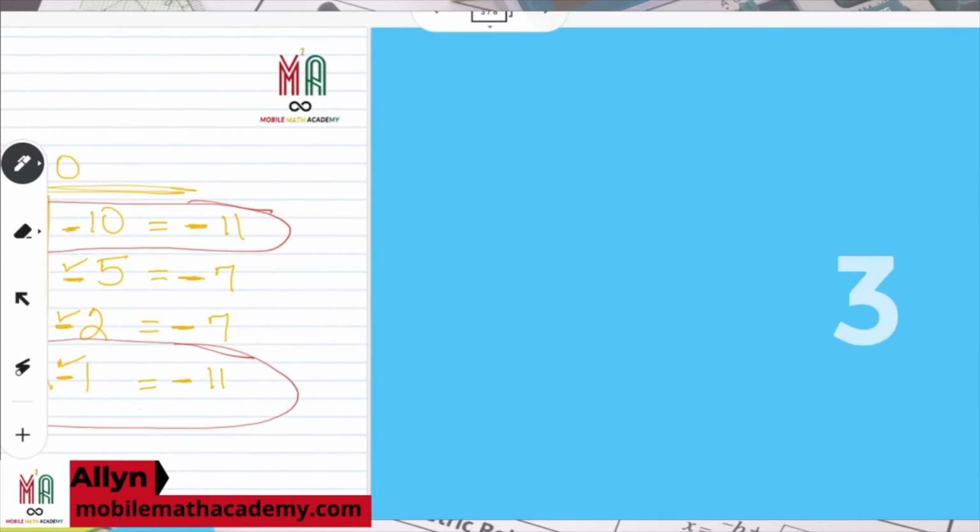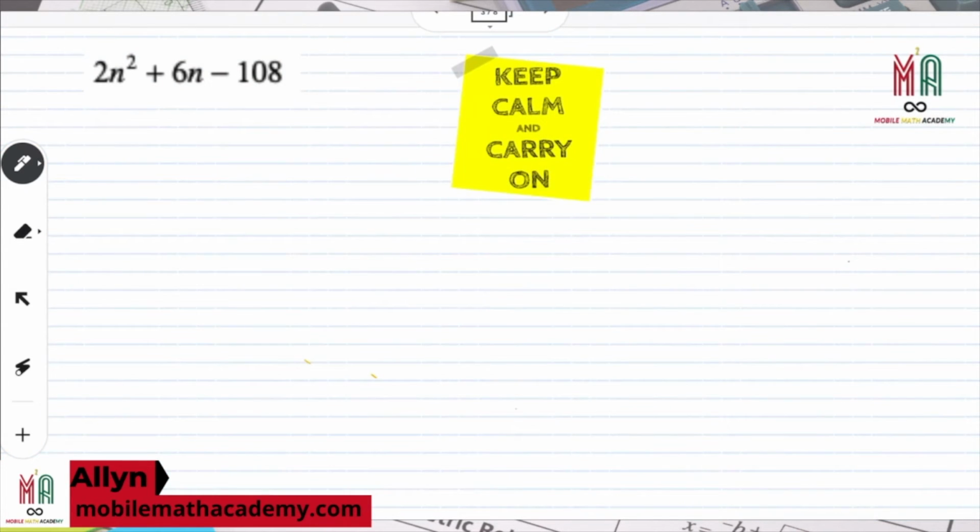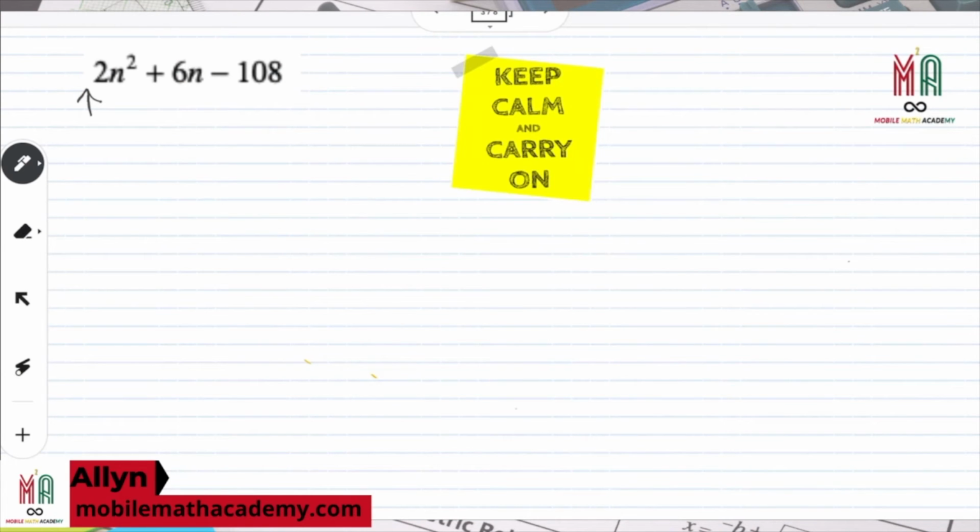Well, what happens if I have a coefficient that has something other than 1? So now I have a situation. Now in this situation, I have a coefficient that's something other than 1, right? So I'm going to go back and let's check this out and see what happens. All right.